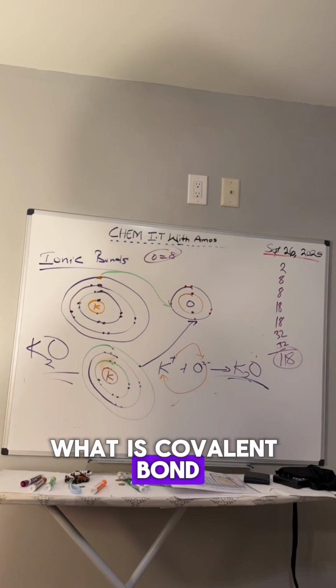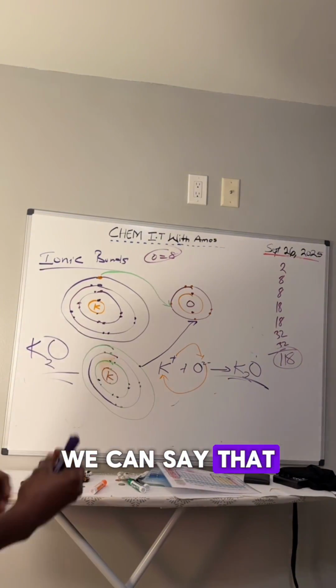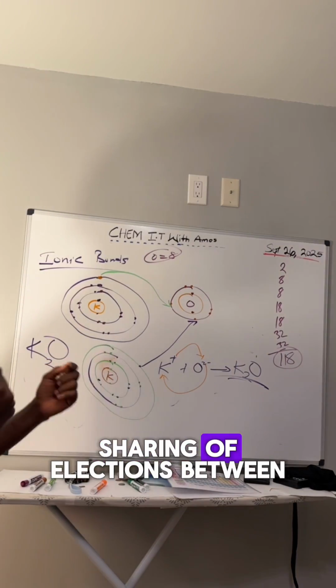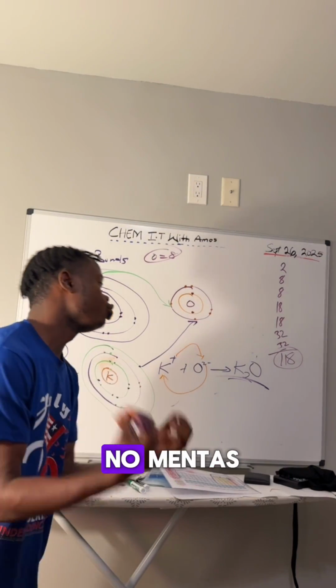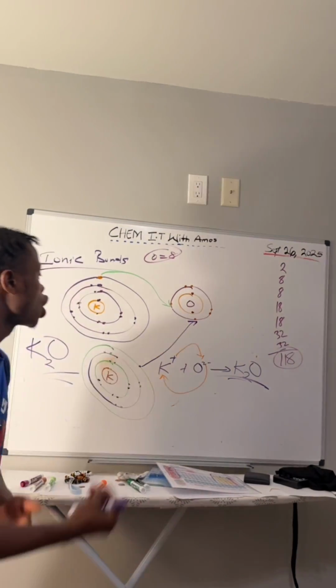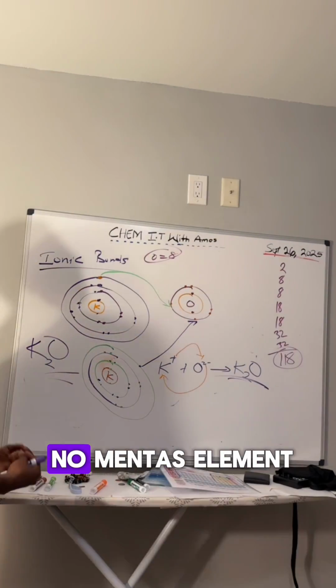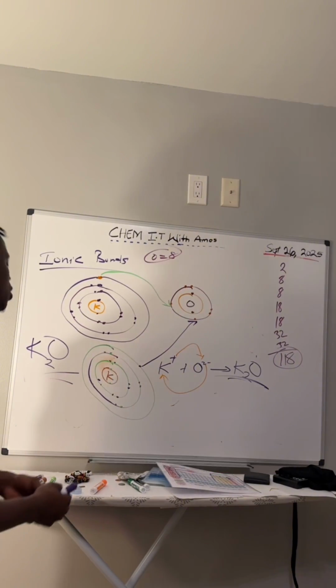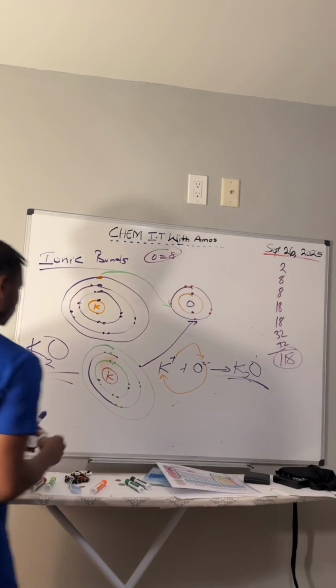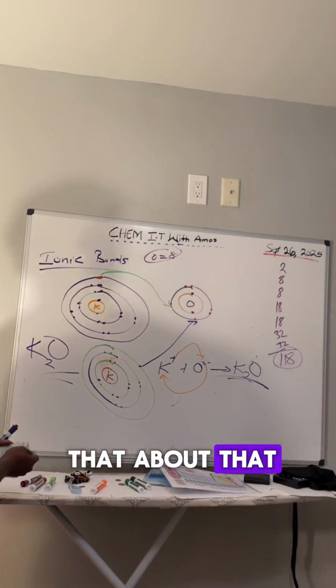What is a covalent bond? We can say that a covalent bond is the sharing of electrons between non-metals. Covalent bond is the sharing of electrons between non-metal elements. So we can give a scenario about that.